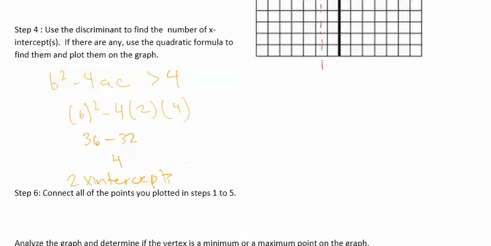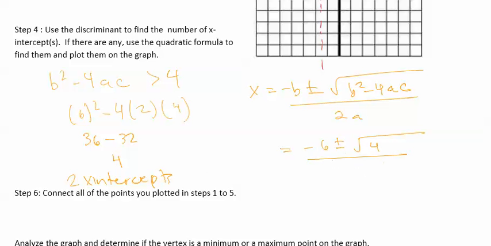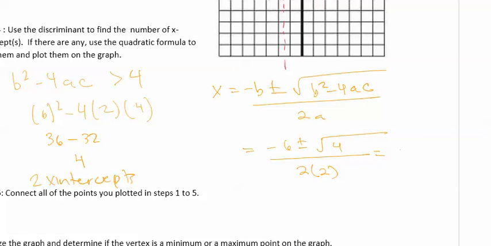Okay, so let's go ahead and find out what those are. x equals negative b plus or minus the square root of b squared minus 4ac, all divided by 2 times a. Okay, so negative, it looks like b was 6, plus or minus the square root, and we got a 4, all divided by 2 times 2, because a was 2 in this case. Okay, so let's simplify that. We get negative 6 plus or minus, well, the square root of 4 is 2, divided by 4.